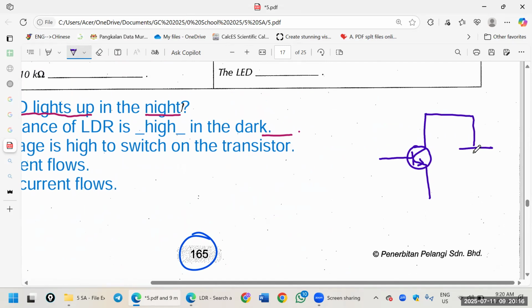Then let's practice drawing the circuit. Don't forget to put a resistor in the base circuit, up and down. Let's draw two resistors here.